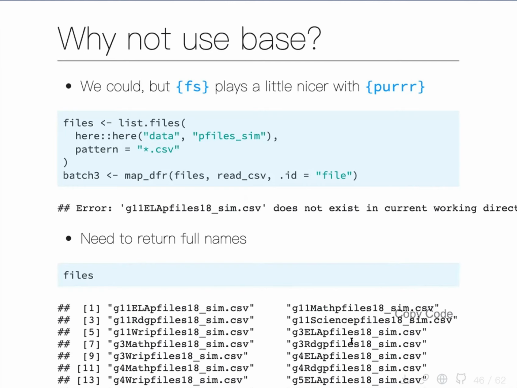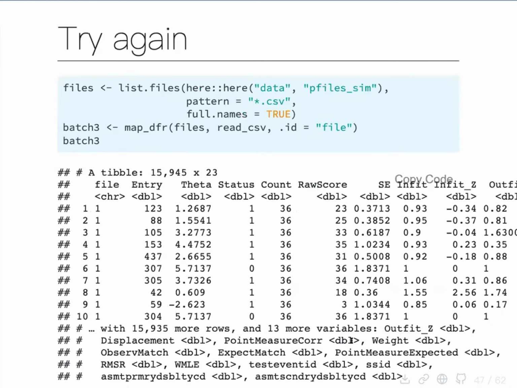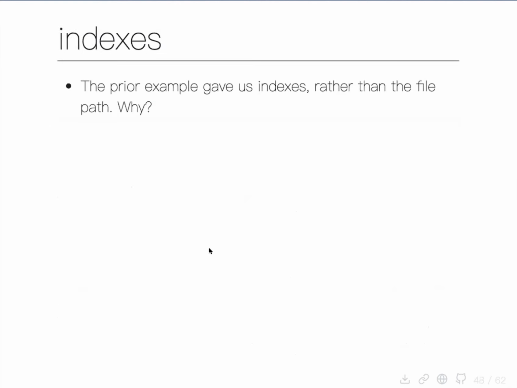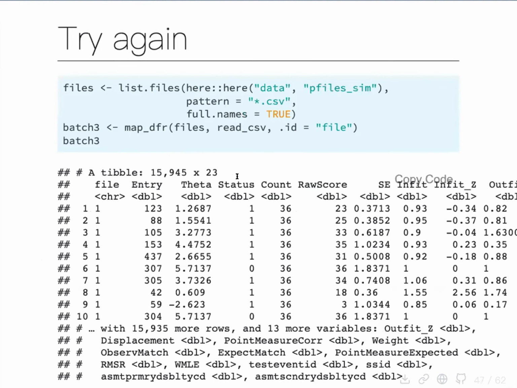I need it to return the full file path. So now I say here, full.names equals true, and it works. Great. But I need to add the file path, right? So in here, I say .id equals file, and I just get indexes.